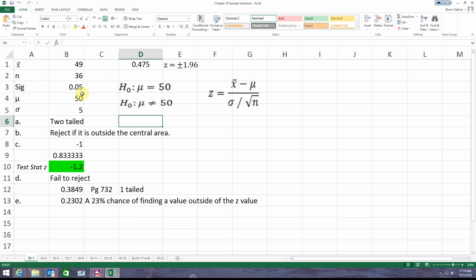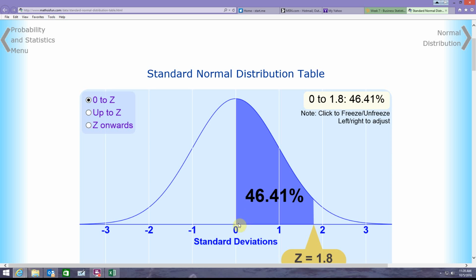My level of significance is 0.05, or 95. And remember that if we divide the 95 in half, we get 0.475, which is something we're kind of used to. So 47.5 is what I'd be looking for as a percent then.